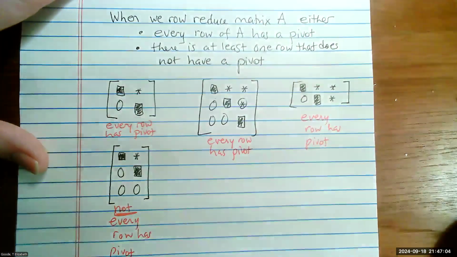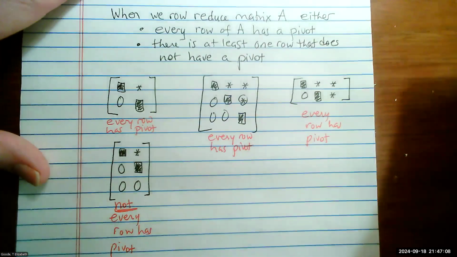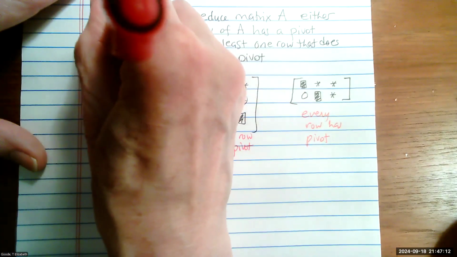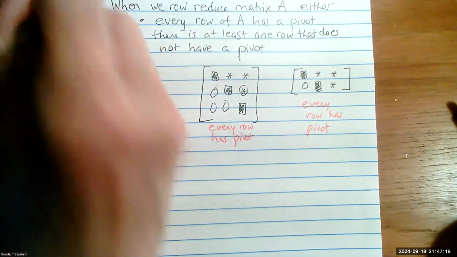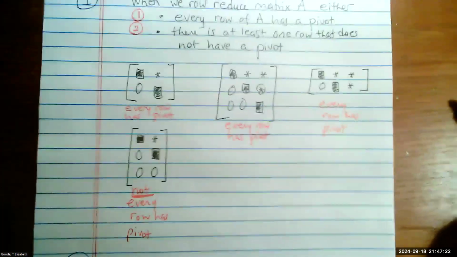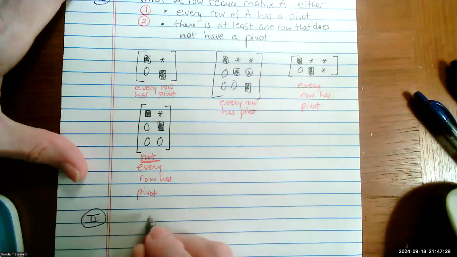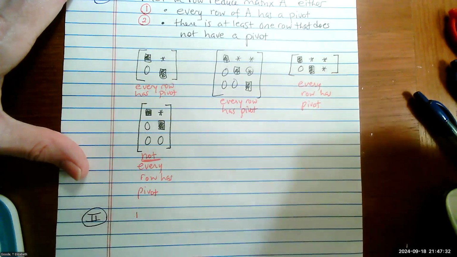Either every row has a pivot, or at least one row doesn't have a pivot. All right, so we'll call this case 1, and we'll call this case 2. So this corresponds to solutions.